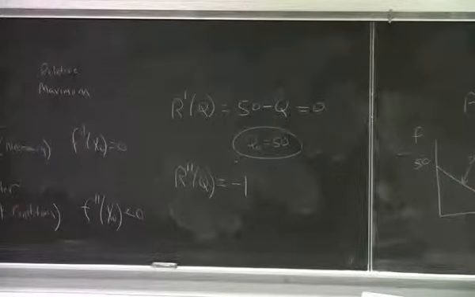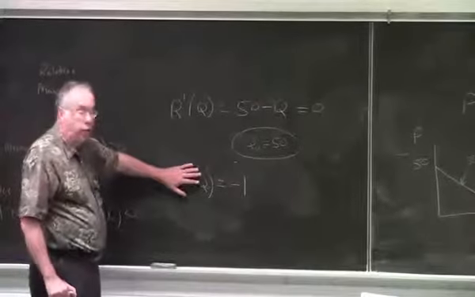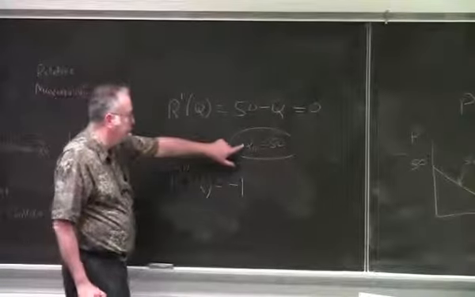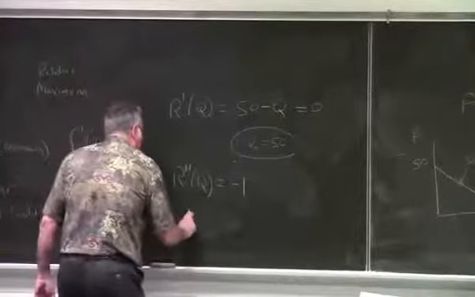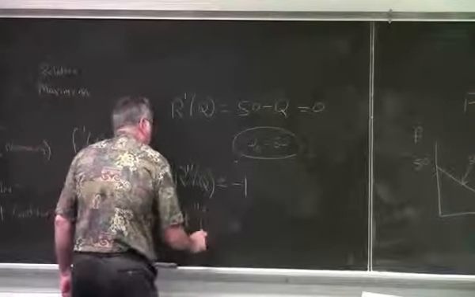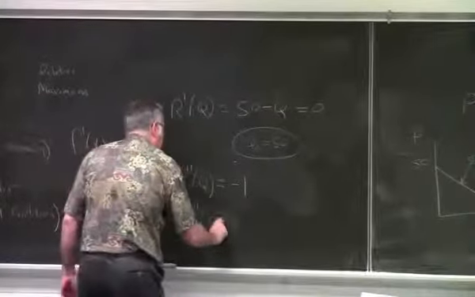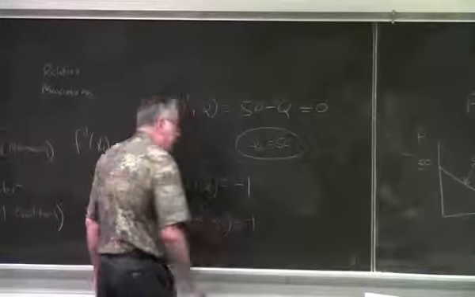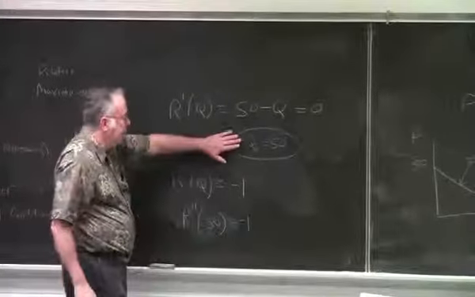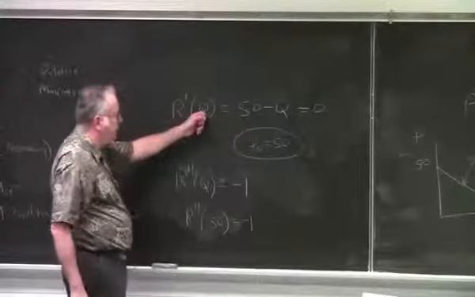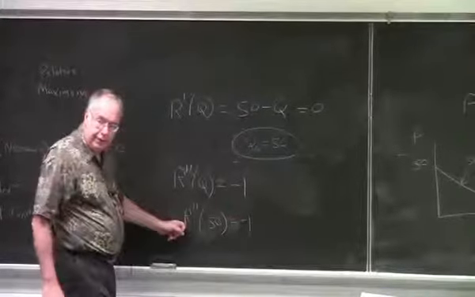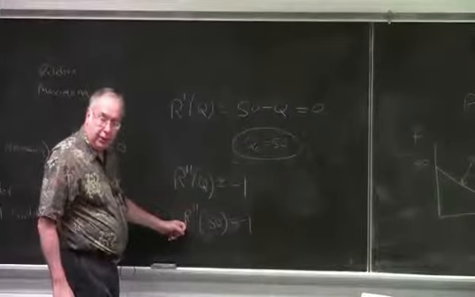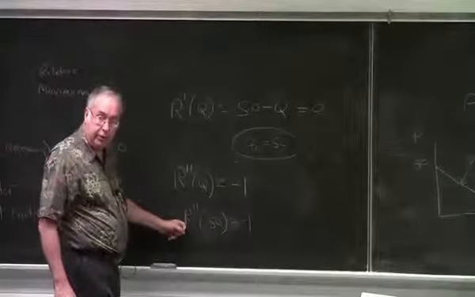Okay, the second derivative is negative. Right. That guarantees the second derivative is negative everywhere. So it's certainly negative here. So we know that R double prime of Q at 50 is also minus 1. So at Q equals 50, first derivative is 0, second derivative is negative. That guarantees we have a relative maximum at Q equals 50.